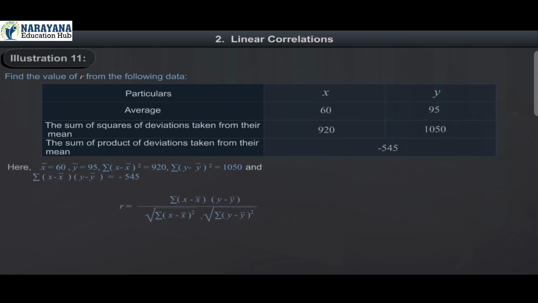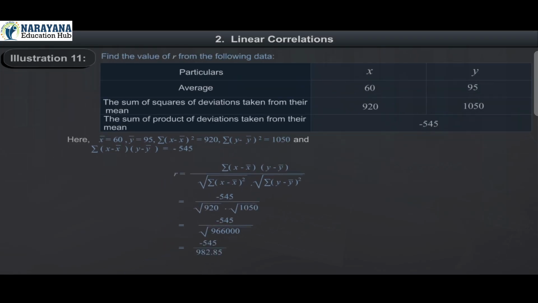Now R is equal to sigma (x minus x bar) into (y minus y bar) divided by under root sigma (x minus x bar) whole square into under root sigma (y minus y bar) whole square, which is equal to minus 545 divided by under root 920 into under root 1050, which is equal to minus 545 divided by under root 9,66,000, which is equal to minus 545 divided by 982.85, which is equal to minus 0.55.